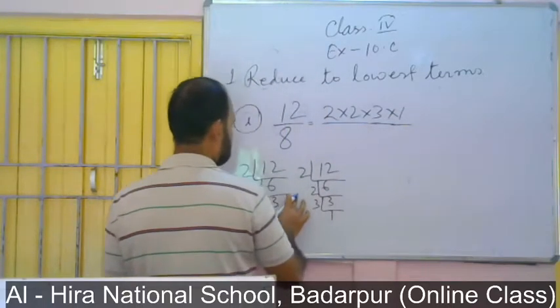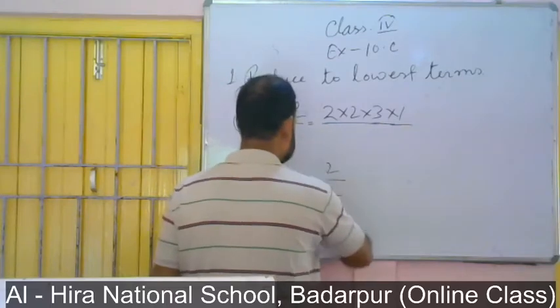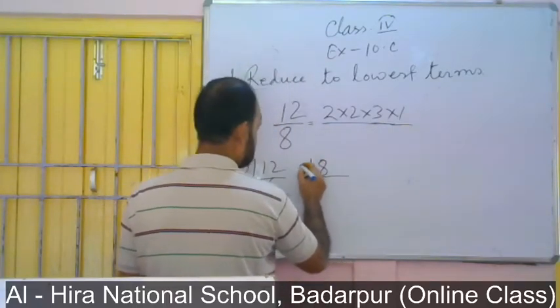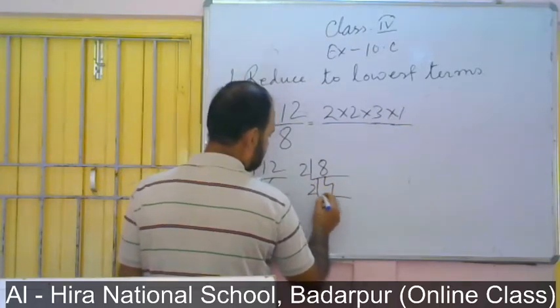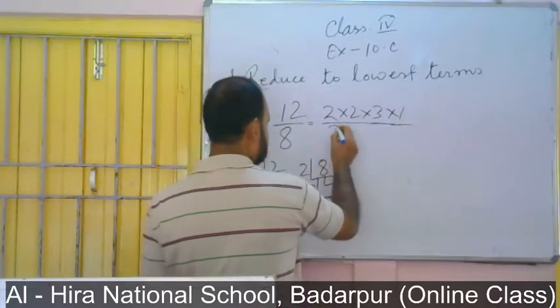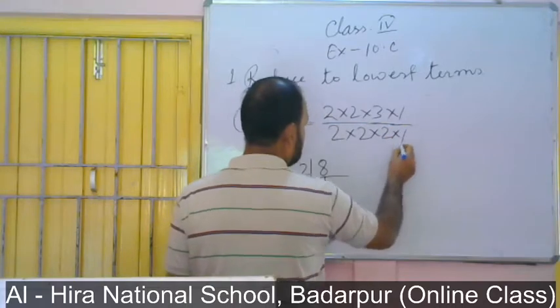And 8 here: 2 4s are 8, 2 2s are 4 and 2 1s is 2. So here we get 2 into 2 into 2 into 1.